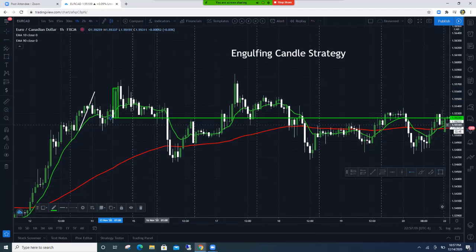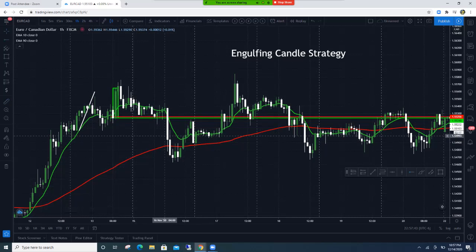See how it didn't go that much in drawdown. It went 11 pips, 10 pips in drawdown. Did it go up to 25 pips? No, it went to about 20. So what would have happened? You would have gone up 10 pips and your stop loss would have been brought up to break even. And that would have been a break even trade.